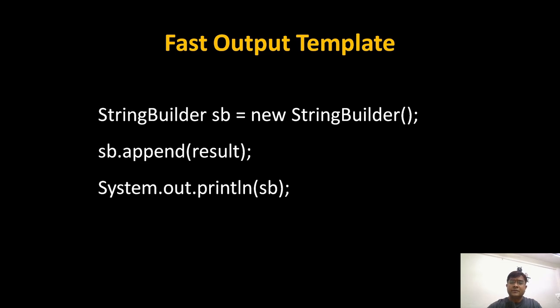Now, your input speed is important, but your output speed also matters, right? Instead of printing System.out.println of value line by line, you need to use a StringBuilder. Append everything first, and print everything at once at the end.